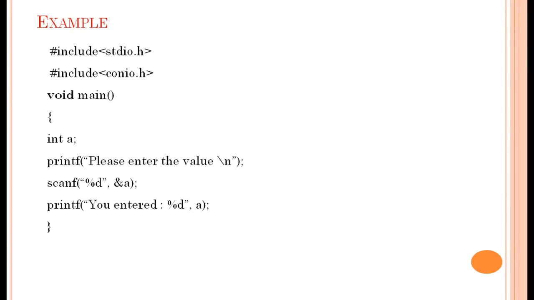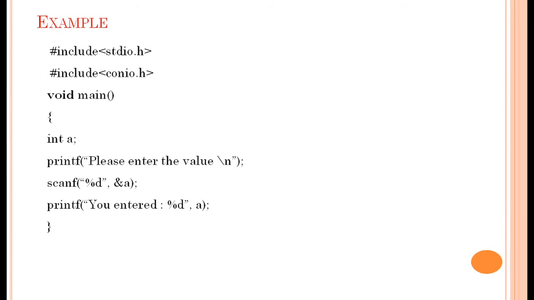And if you write main only instead of void main, then return 0 should be there at the last inside the main function. It is the exit status of the program, but it's optional, so don't panic about it.